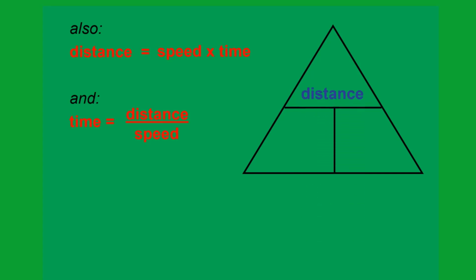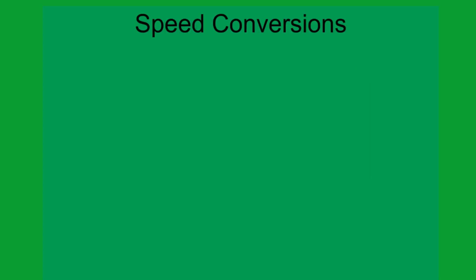So this is a formula triangle. You can find out all formulas easily from this formula triangle. This technique is very useful for finding the formula among speed, distance and time.